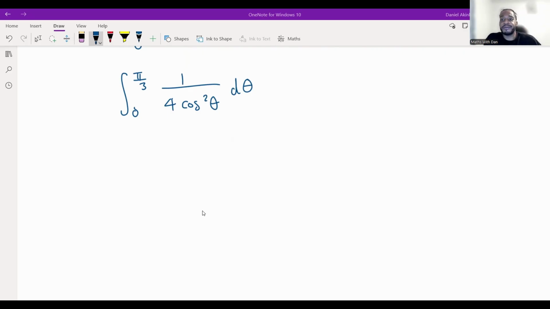Well, remember, you're dealing with trig identities. That's why it's so important to know your identities off by heart, so whenever you're faced with anything, you know what they are equal to. Now, remember, that 1 over 4 cos squared theta, I can write this as a quarter, because it's 1 over 4 times 1 over cos squared. Can we write it like that?